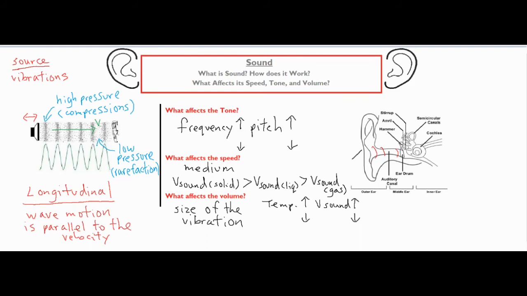And what it does is this little hammer bangs on the inner part of the ear where the cochlea is. So as it strikes the inner part of the ear, there is fluid, and those waves of energy are sent through the fluid that vibrate a bunch of different hair cells.